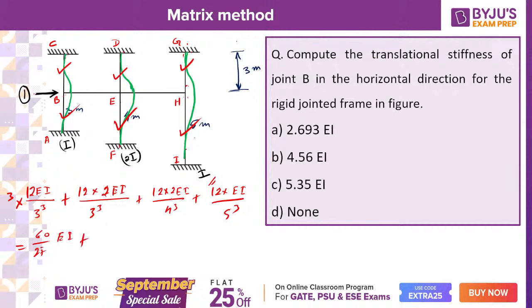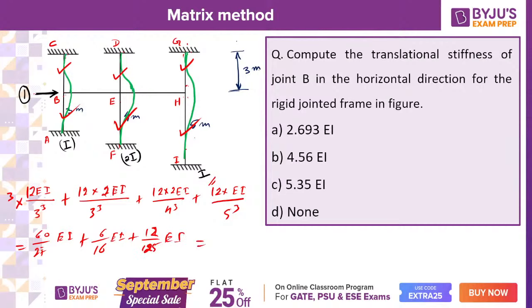I'm just simplifying this, and here you'll get 6 by 16 EI, and then plus this is simply 12 by 25.